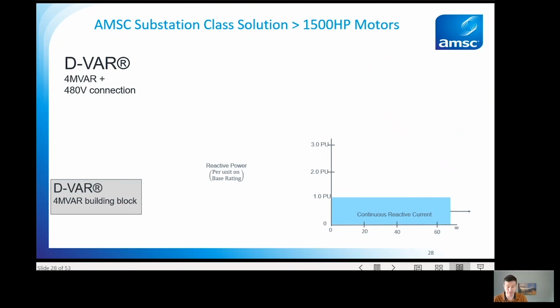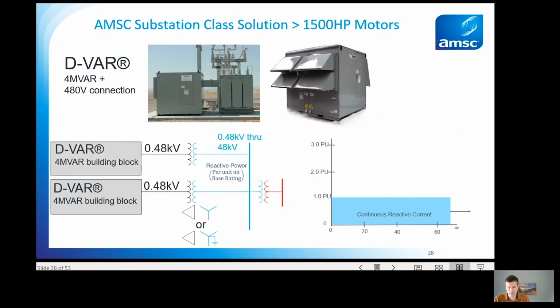The substation class technology that we call our DVAR is going to be most appropriate there, and we've actually solved motor starting problems well into the thousands and 10,000 horsepower range with it. So if you have a larger motor application, keep that in mind. We do have a solution for that as well. Same principle of operation, same ability to use overload, just scaled up to a larger size.